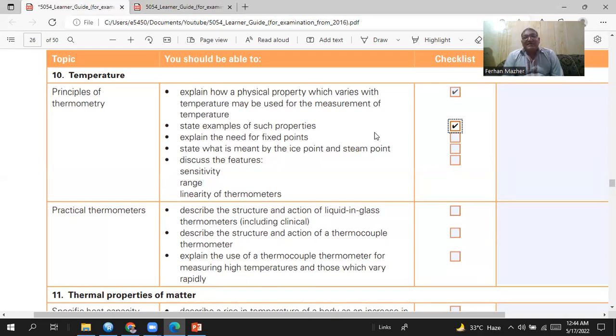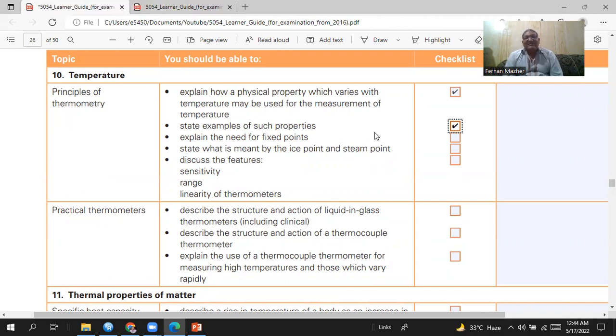And then you put the thermometer in the steam of the boiling water at 1 atmospheric pressure. And when the level of the mercury rises and becomes steady, you put a mark on the thermometer and we call it the steam point or the upper fixed point.